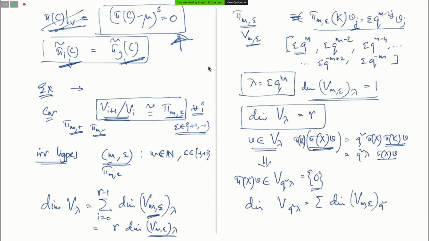So m plus 2, and these are all zeros, because q to the power m is the highest one there. So this is 0. That basically means that π(x) v is 0 for any vector in V_λ.